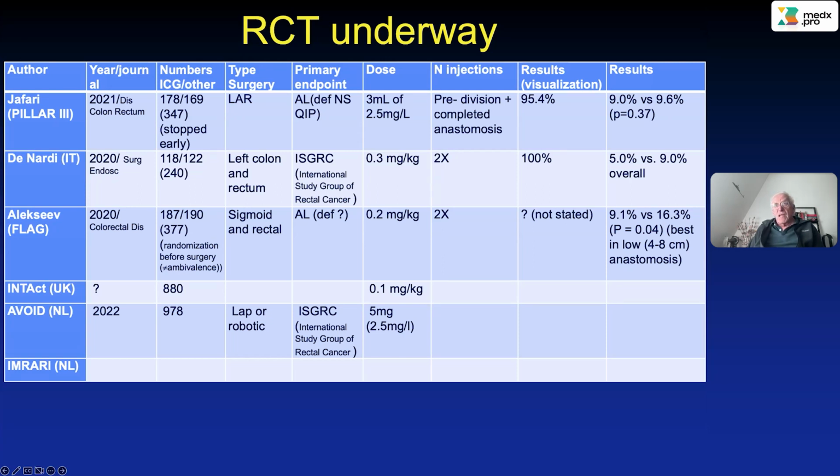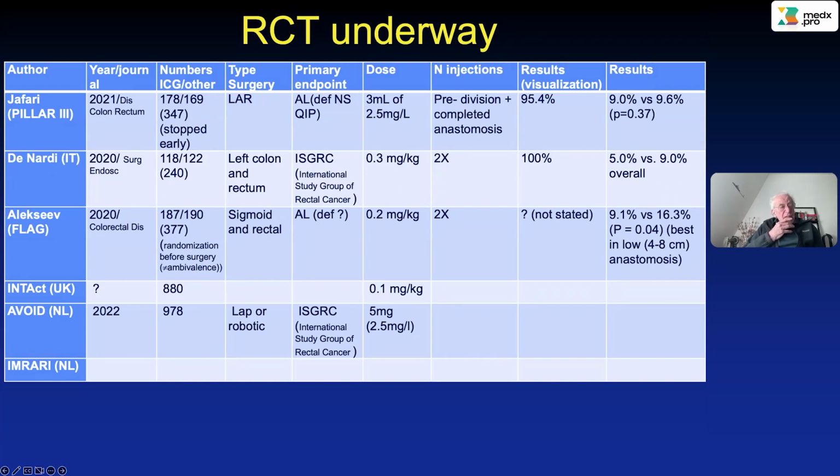But even though they did a worst case scenario, there was no significant difference in the results. The Italian study by Denardi was performed and completed, published in Surgical Endoscopy in 2020. They had a difference, but that difference was not significant, even though it looked twice as much.